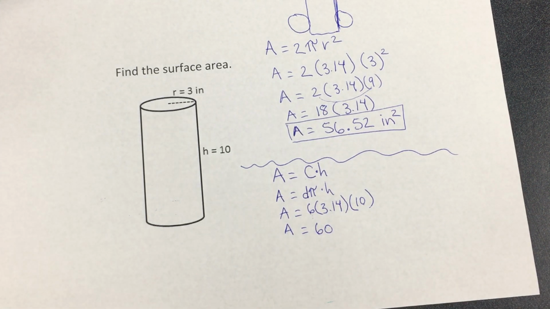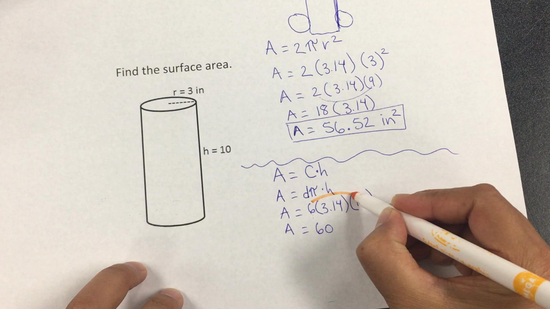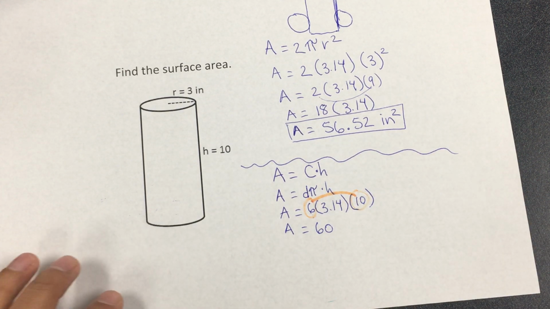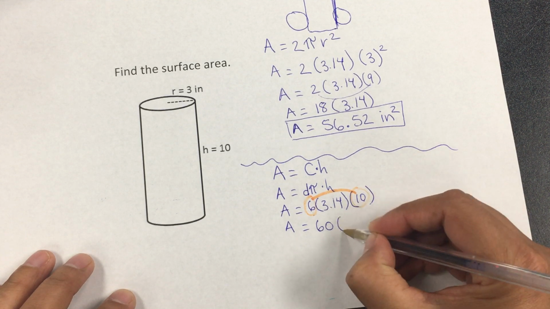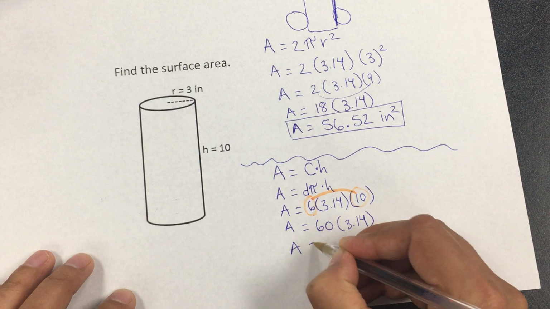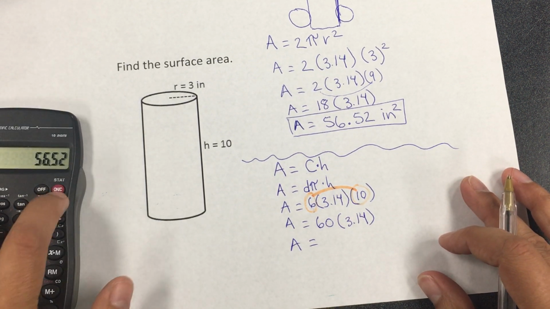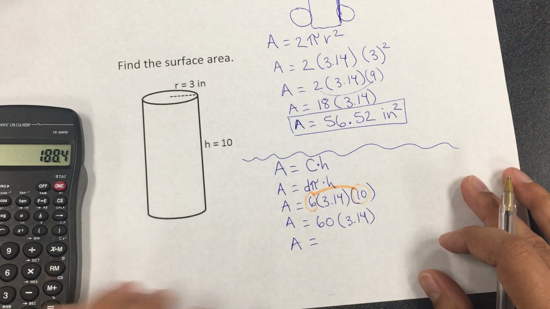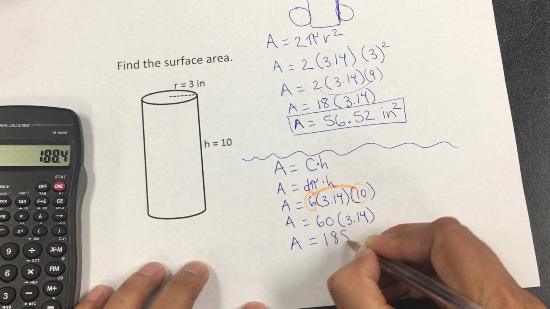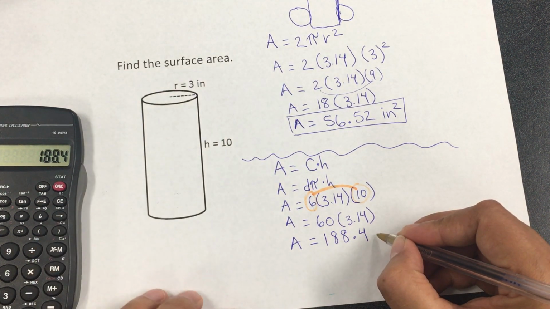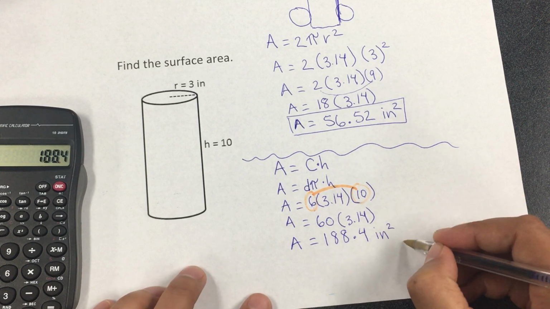Remember, it doesn't matter which one you multiply first, so I'm going to multiply the 6 and the 10. 6 times 10 is 60. You just bring down the 3.14. And 60 times 3.14 gives me 188.4. And that's square inches.